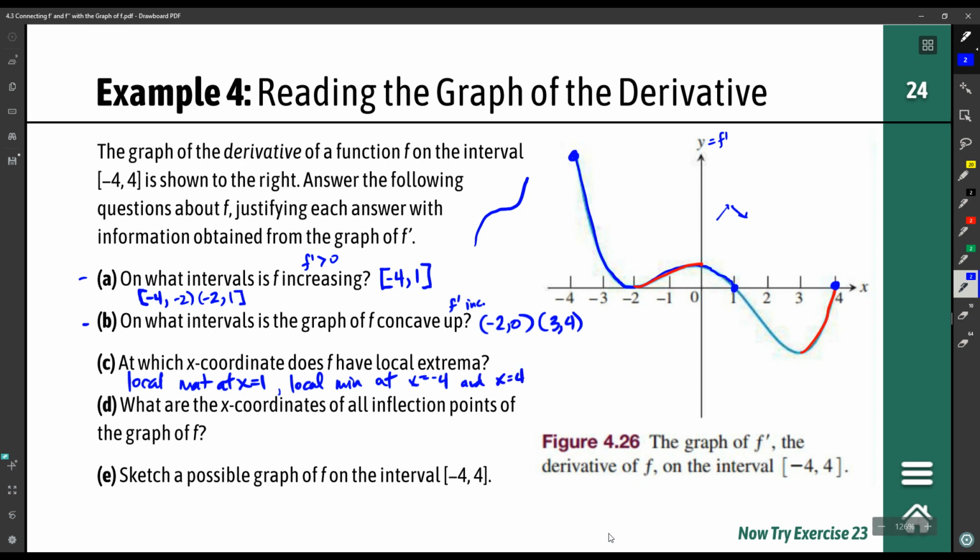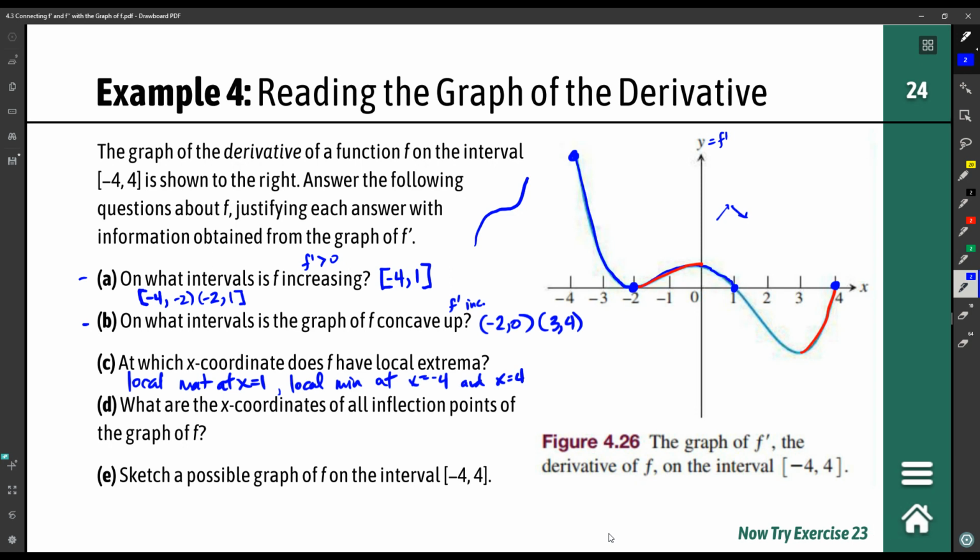What are the x coordinates of all the inflection points of f? That would be a place where the second derivative changes sign, or where f prime changes from increasing to decreasing or vice versa. So it looks to me like the places where that happens is going to be -2.